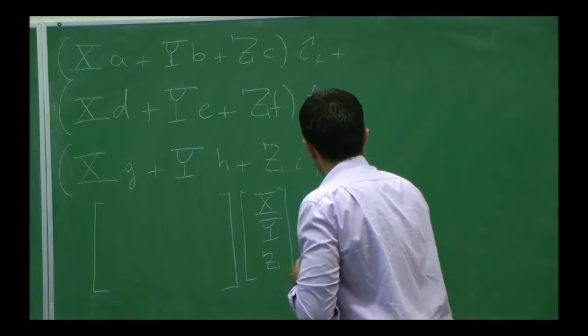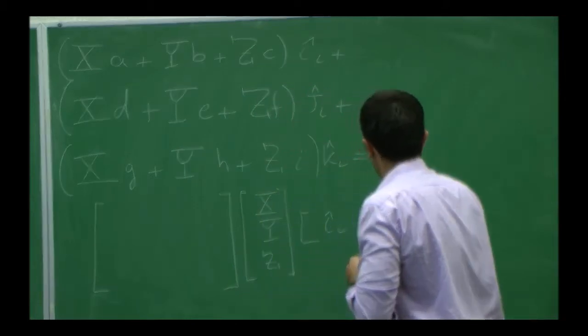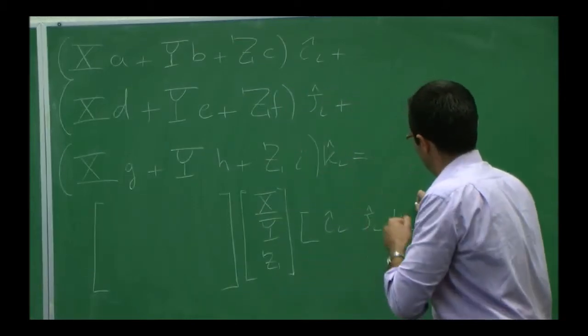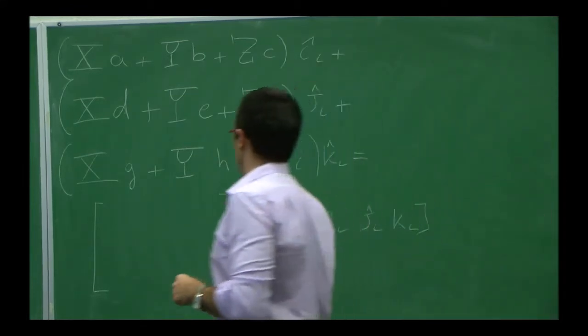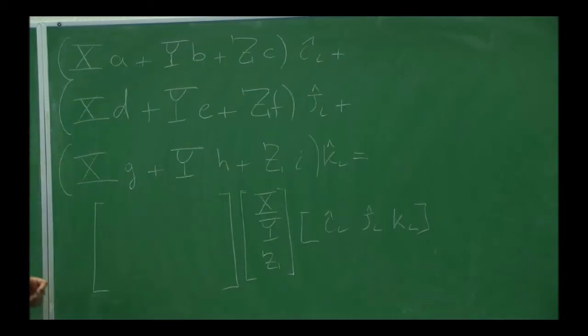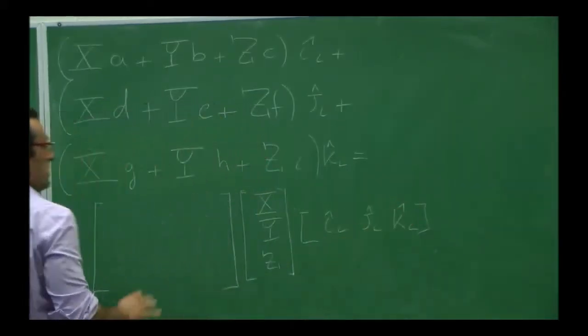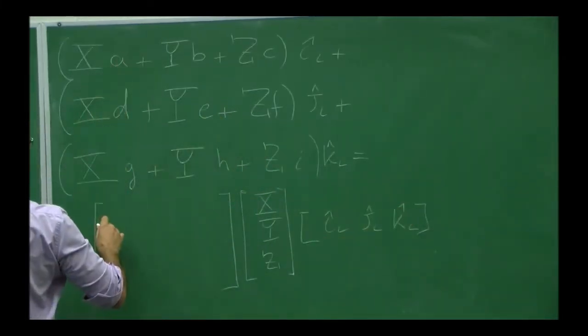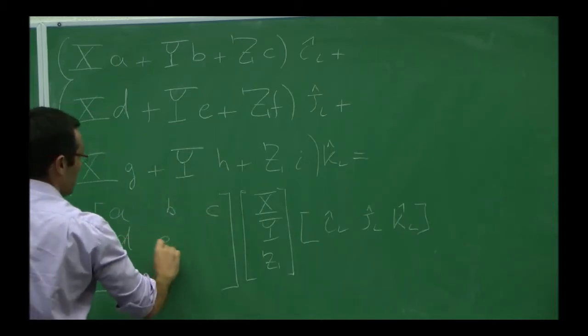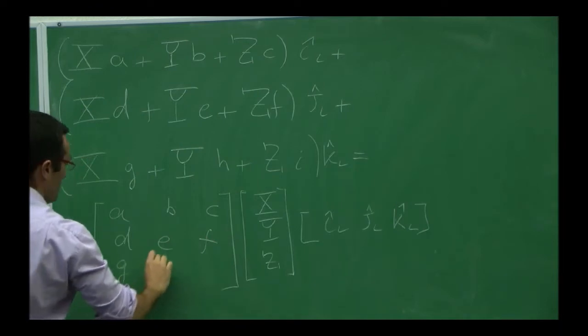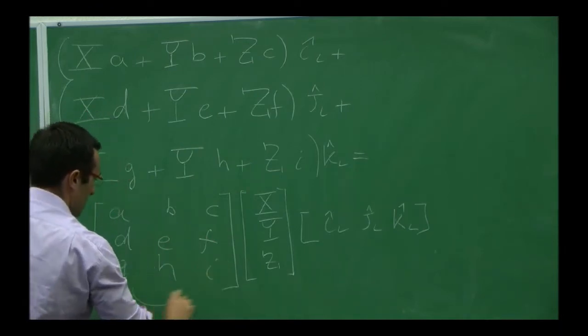I just put i, j, and k now, instead of a column vector, as a row vector, MATLAB language here. And here I have A, B, C, D, E, F, G, H, and I again. So I basically have i.